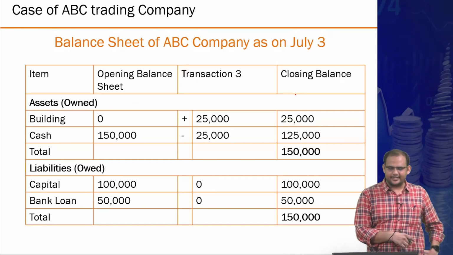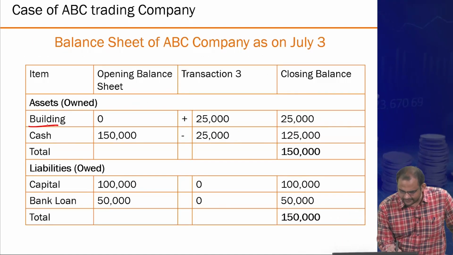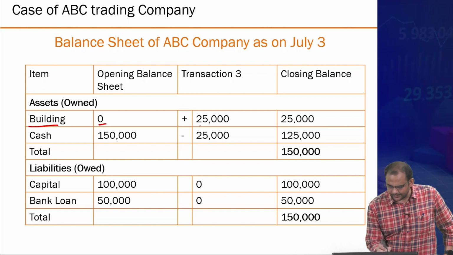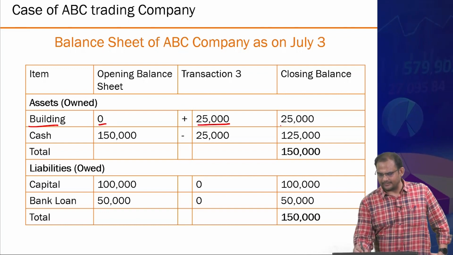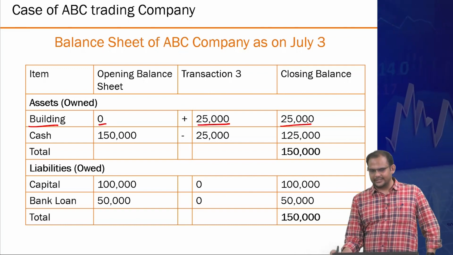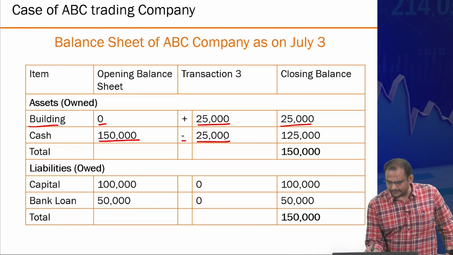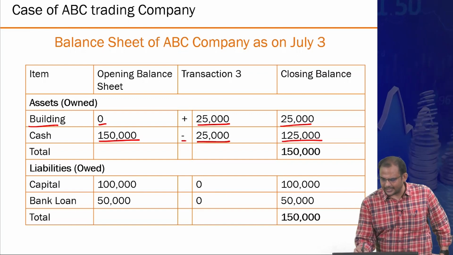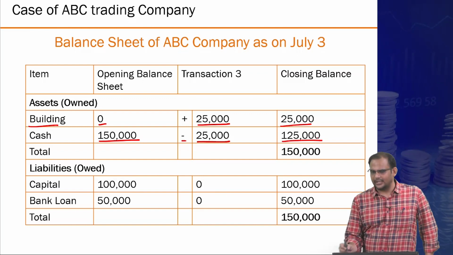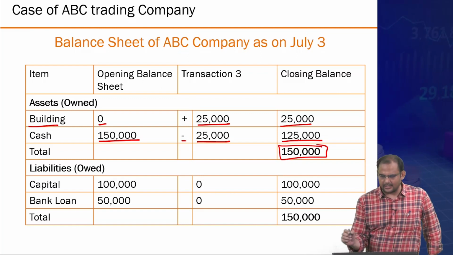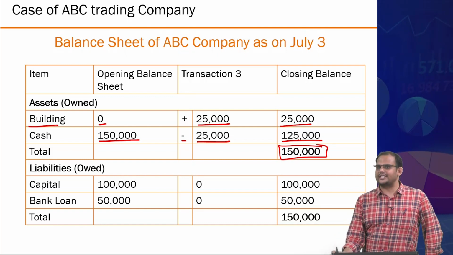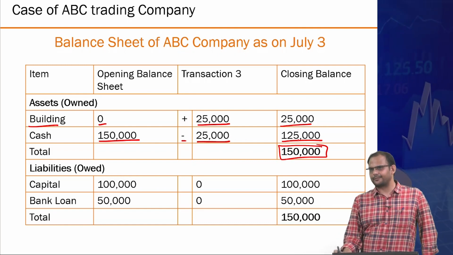Yeah, you are right. There is a new asset being created. Originally it was 0 plus 25,000. The closing balance is 25,000. Cash was 150,000. It got reduced by 25,000. The new cash is 125,000. Total assets still remain 150,000. No change in the liability.